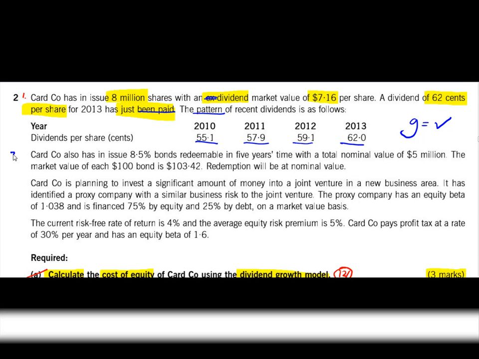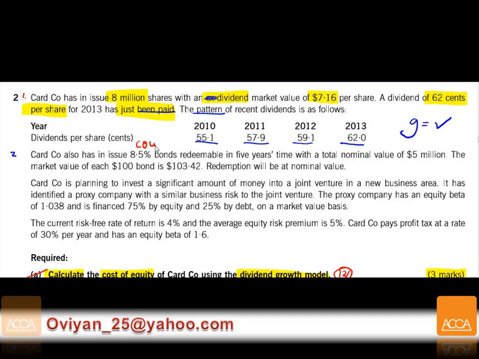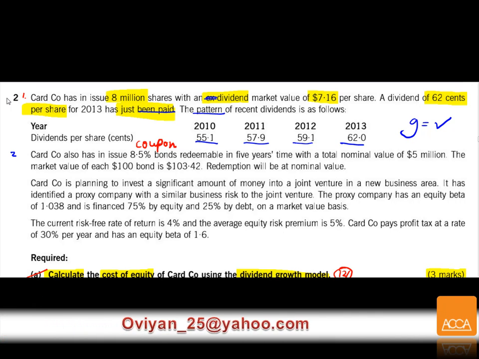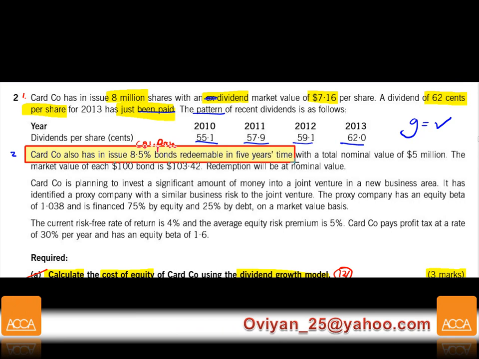Now let's call this the second paragraph. Card company has also in issue 8.5% bonds. That will be the coupon rate of interest. The bonds are redeemable in 5 years time, so it's a dated bond.